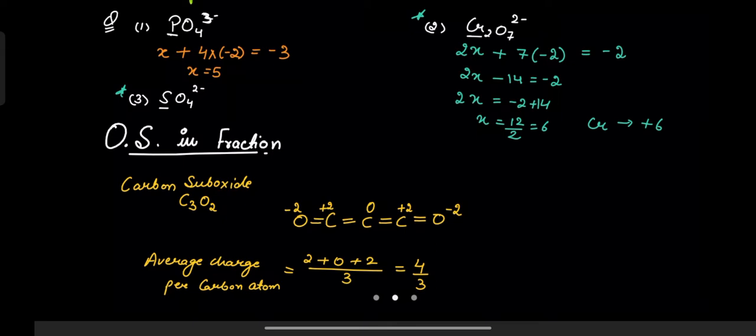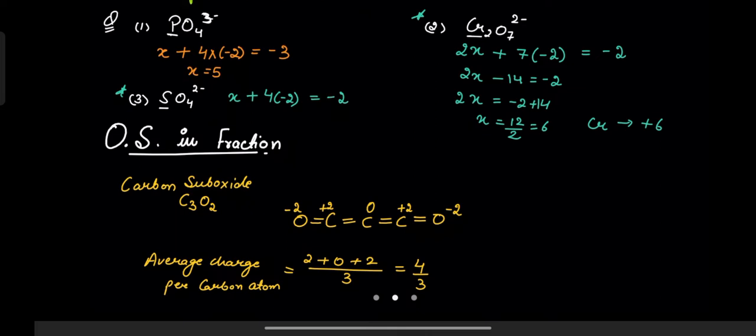Let's suppose that the oxidation state of sulfur is x, and for SO4 2-, the oxygens are -2 each. The sum of the oxidation states will equal -2, because the charge on this ion is -2. Let's solve it further.